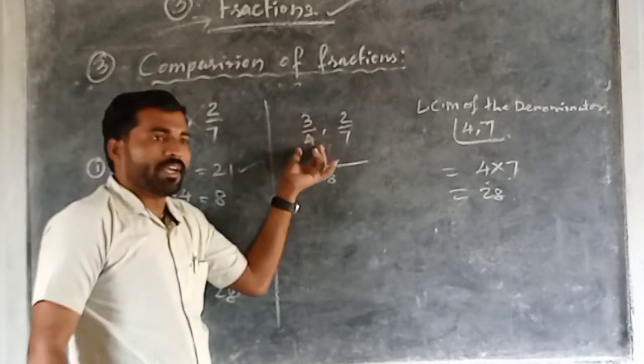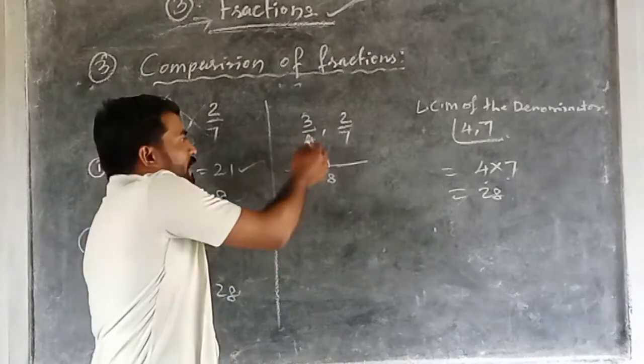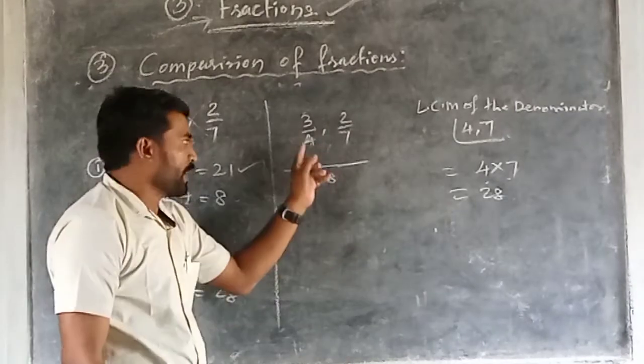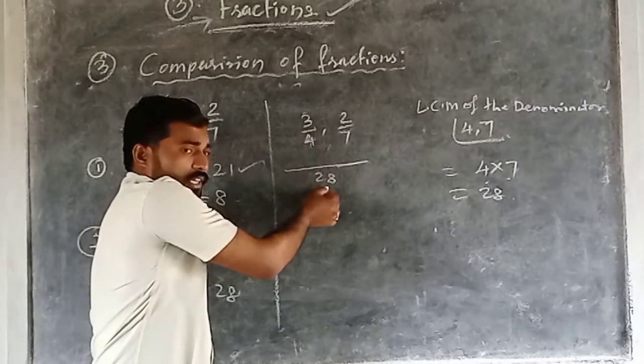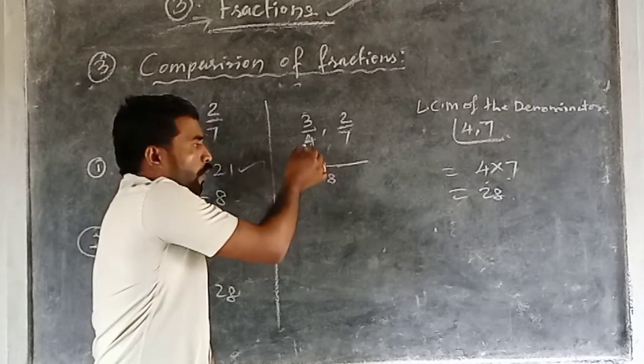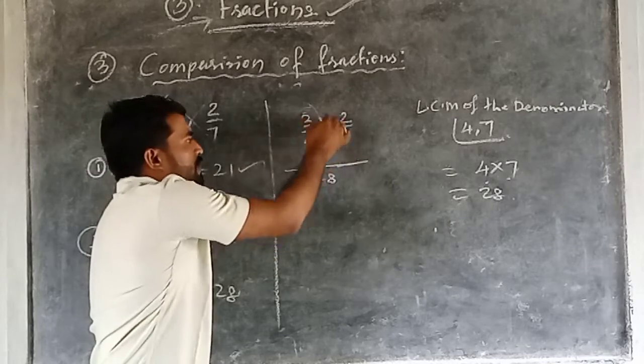Look here, 3 by 4. What is our denominator here? 4. Here our LCM is 28.